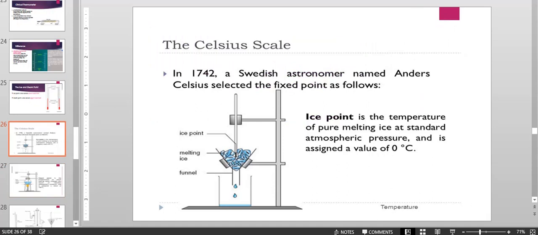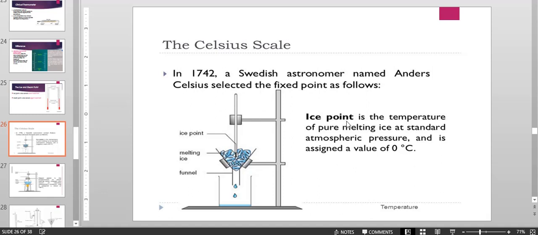So let's discuss the ice point in a bit more detail. In 1742, a Swedish astronomer named Anders Celsius selected the fixed point as follows.